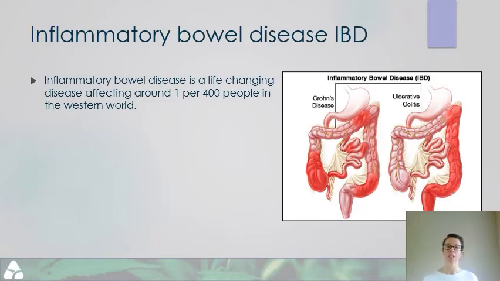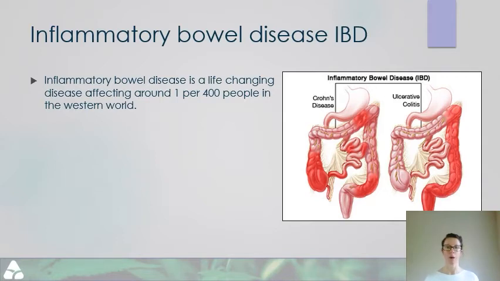It's a life-changing disease, a lifelong disease for which there is really no cure, although surgery can be curative in some cases, but it is generally a disorder which can get worse with time.